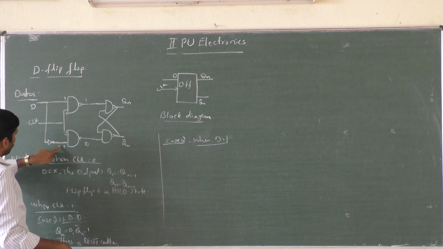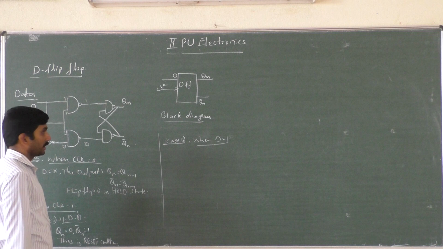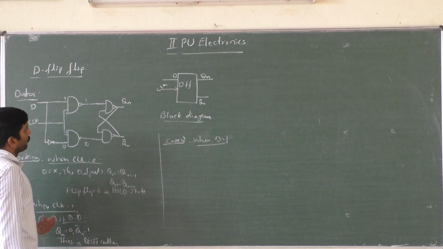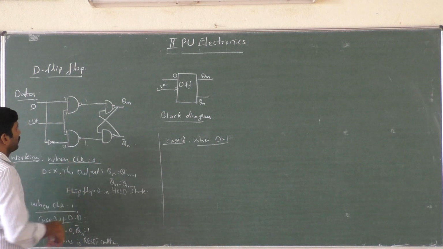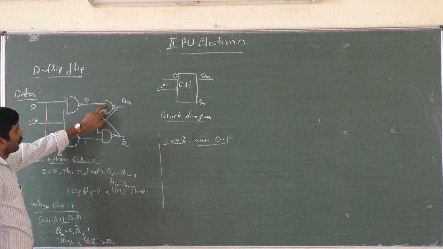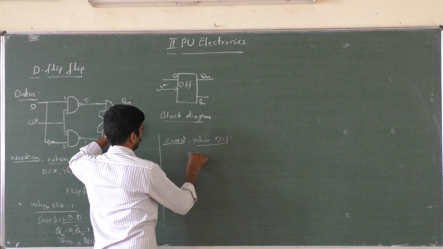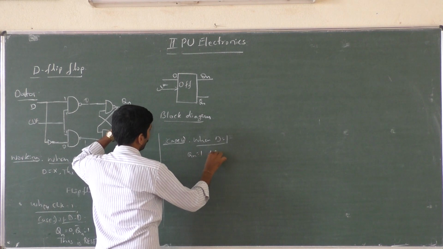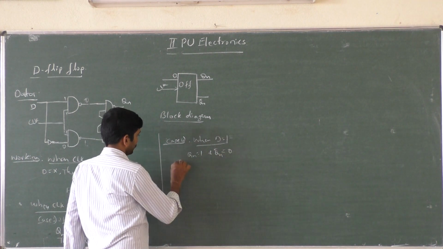This 1 is applied here, and because of inversion you get 0 here, and because of this 0 you will get logic high level here, and logic low level here. If this input is low, this NAND gate will give logic high, Qn equal to 1 and Qn bar equal to 0. This is the set condition.